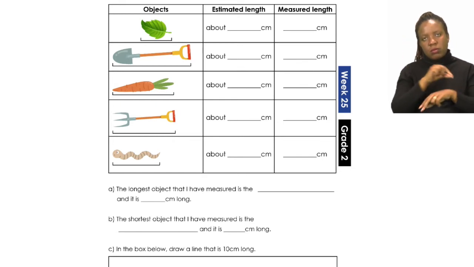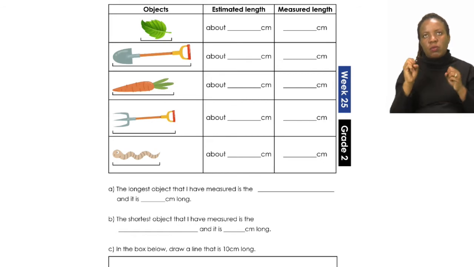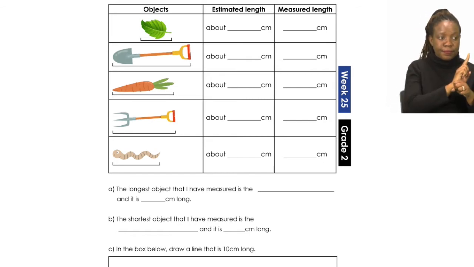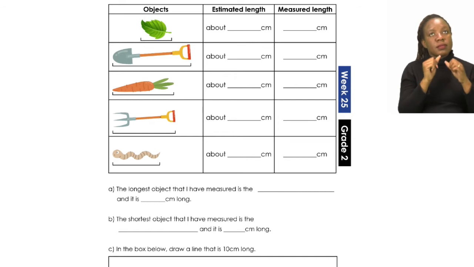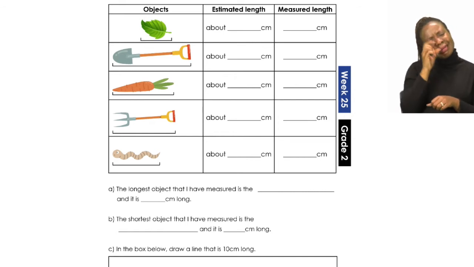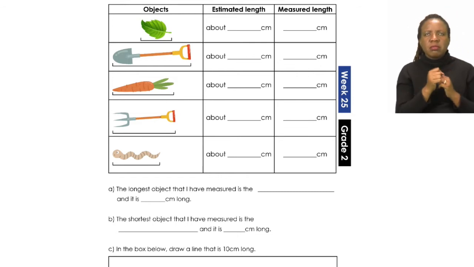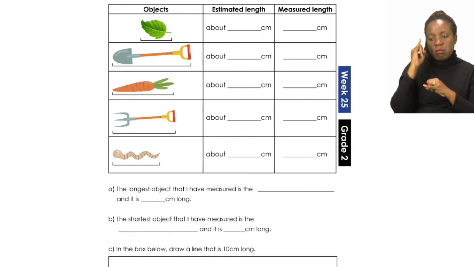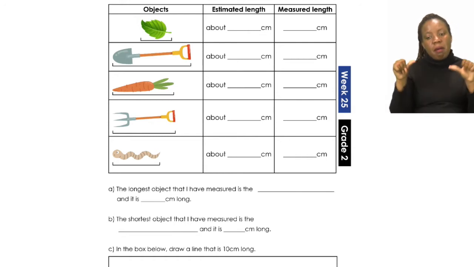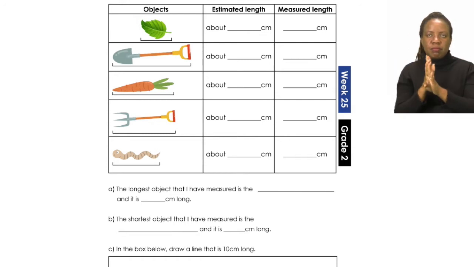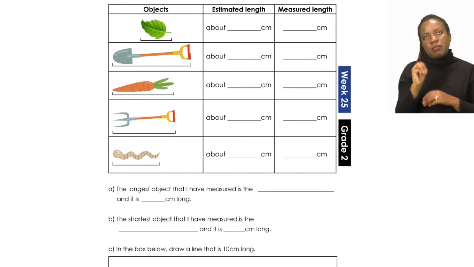In the first column, you have your objects. Then in the second column, you have your estimated length. So for example, you must first guess the length of the leaf. Then you measure the leaf and then you write the actual measured length in the third column.